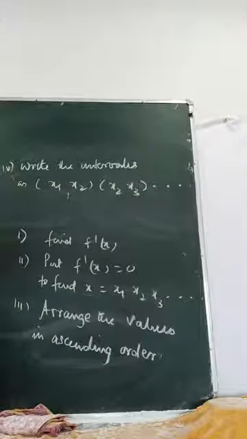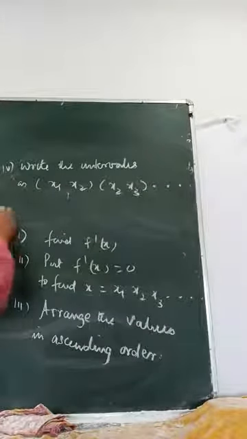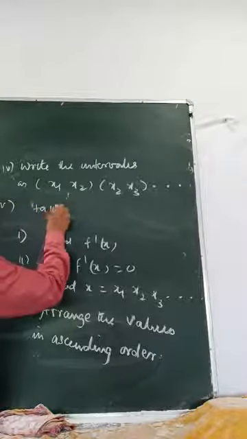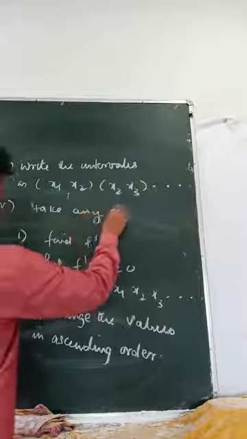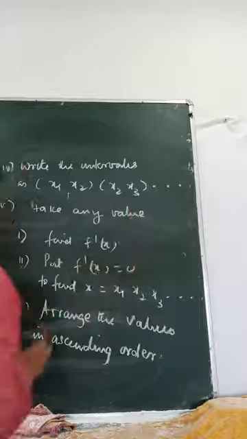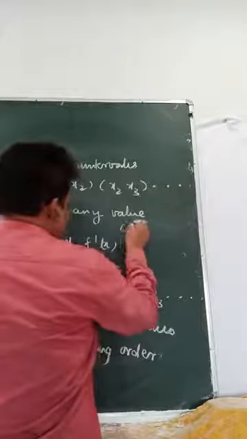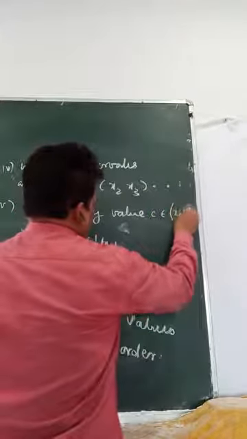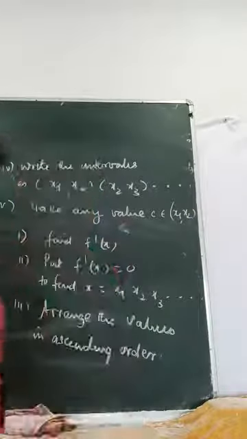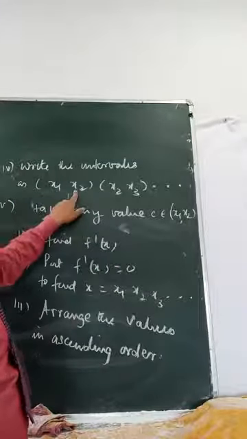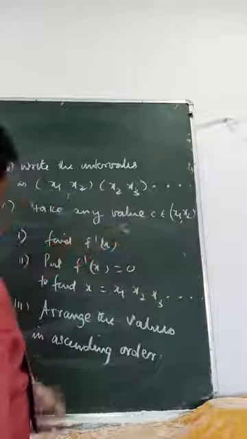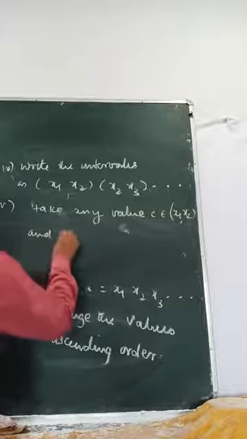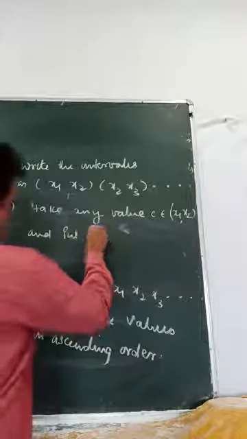Next step, take any value c, suppose c belongs to x1 to x2. Pick up any value, put it in this interval and put it in f dash x.